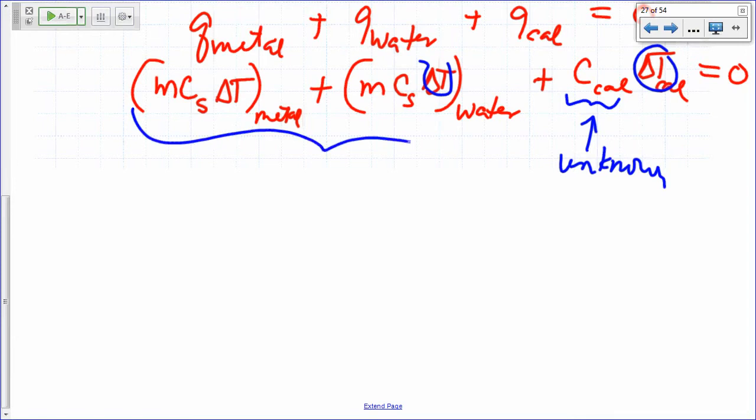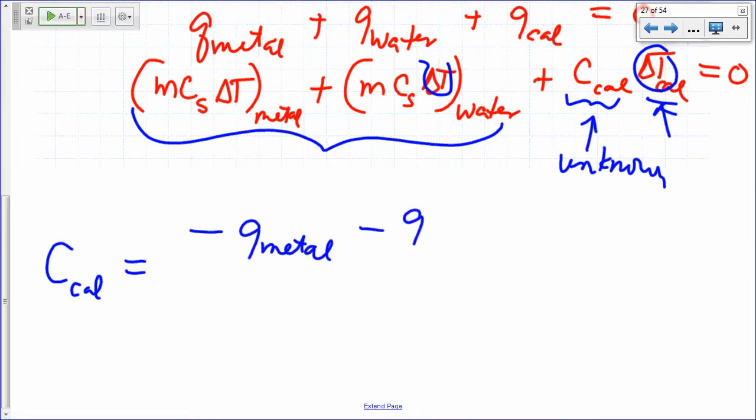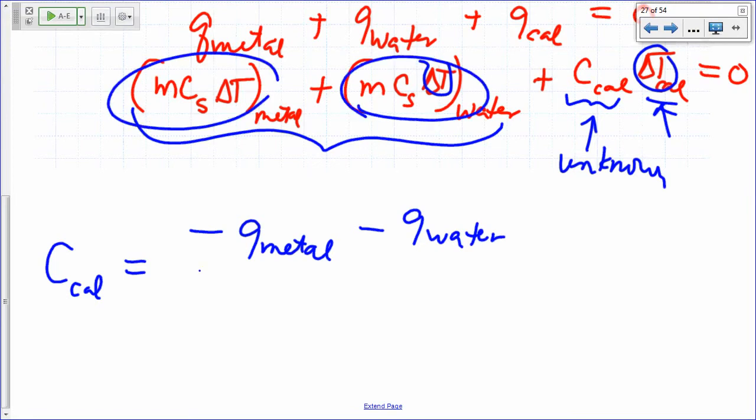You move all of this to one side and then divide by that. So C cal, the calorimeter constant, would be equal to negative Q metal minus Q water, divided by delta T cal.